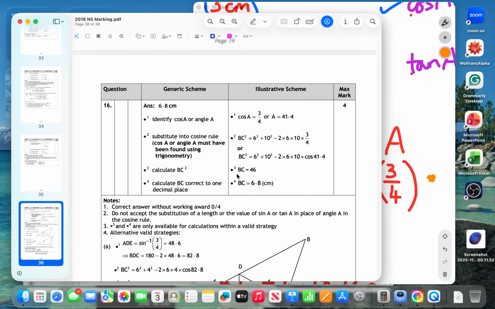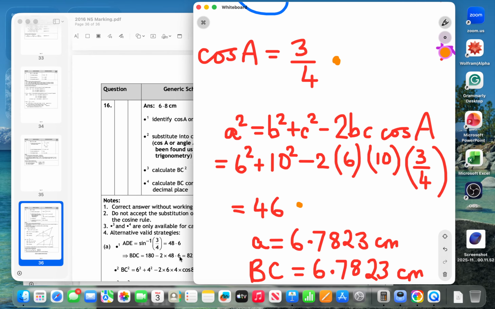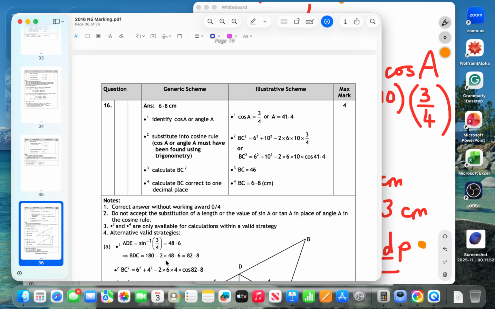The third mark is for getting 46. And the final mark is for getting the answer, and rounding it to 1 decimal place would be the fourth mark. You would get nothing if you showed no working.